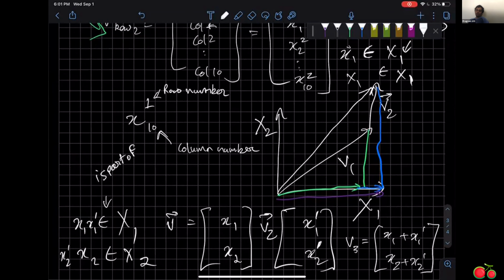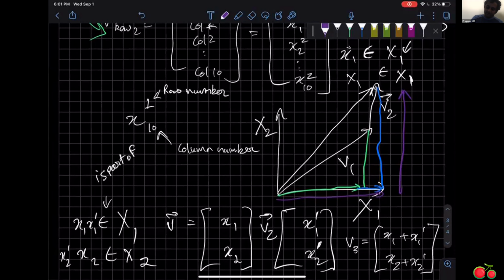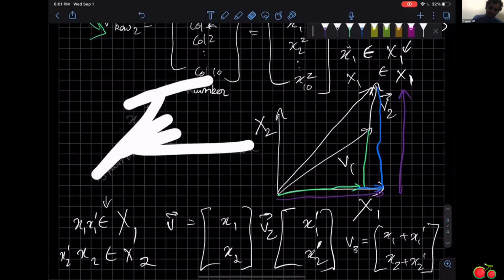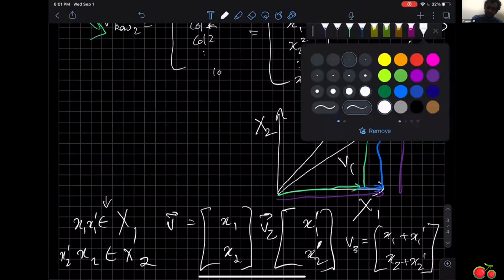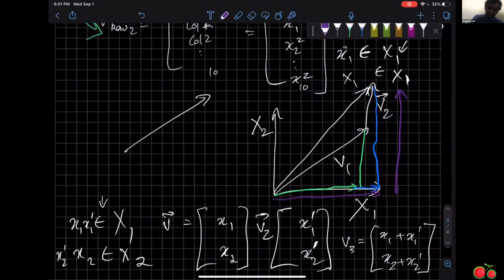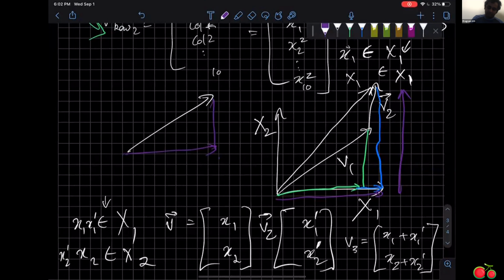And the same applies for the y dimension. For the y dimension, it's again this purple vertical line. If you look at v2, what is v2 composed of? Let me clear this a little bit. This v2 is composed of this purple line and this purple line.